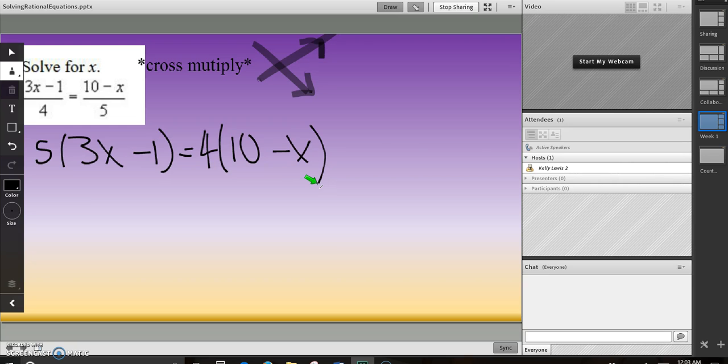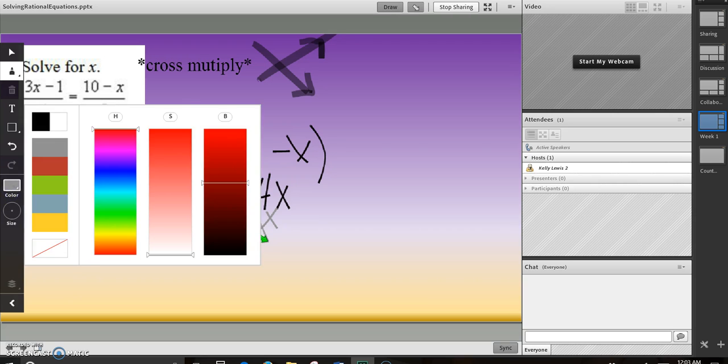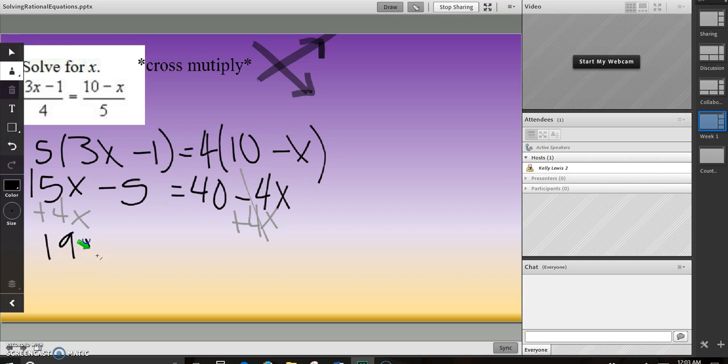So I'm going to distribute that 5. 5 times 3 is 15x, minus 5 times 1 is 5. 4 times 10 is 40. 4 times negative 7x is negative 28x. Right, now combine like terms. I like my letters on the left, so I'm going to move that 28x over. So I get 43x minus 5 equals 40.